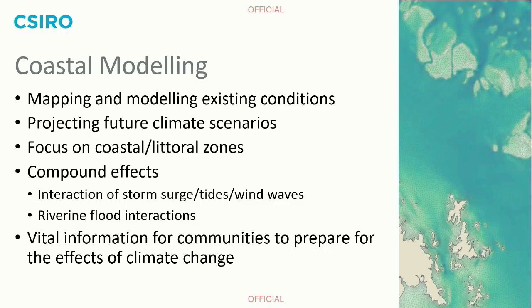Our upcoming work in this space will be focusing a lot on compound effects. But our initial work here is just an overall summary of the last 40 years in Australia for the Australian Climate Service.